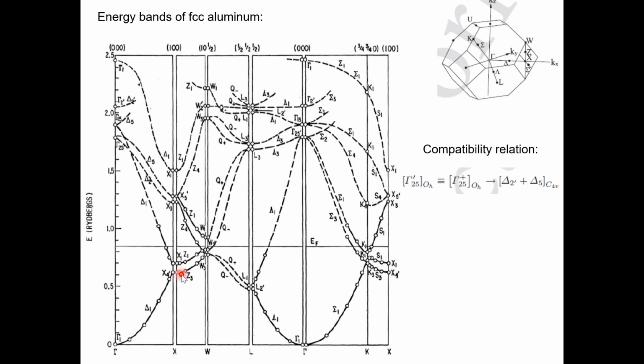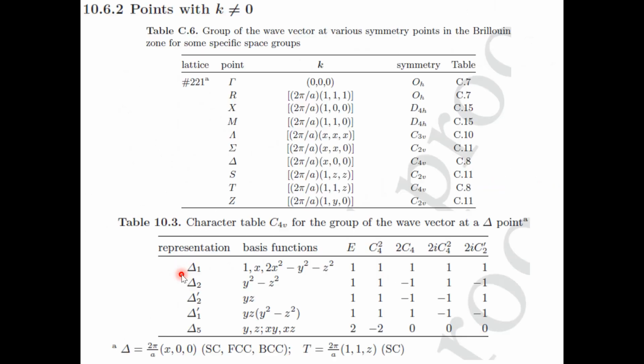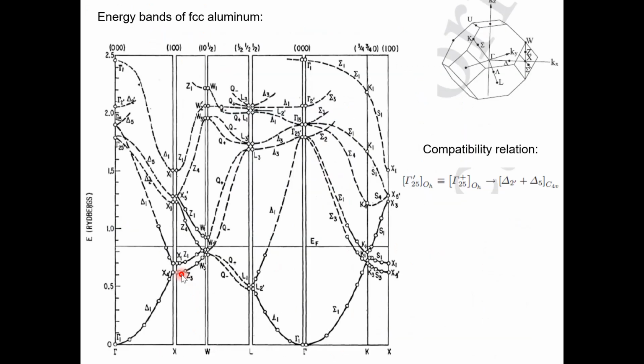So, very good. What I want to discuss now, and I'm going to discuss in the next section, is what we call compatibility relations. A compatibility relation tells me how the degeneracies are split when I go away from high symmetry points to a lower symmetry point in the Brillouin zone.